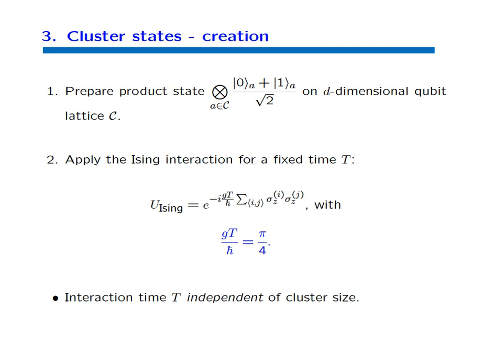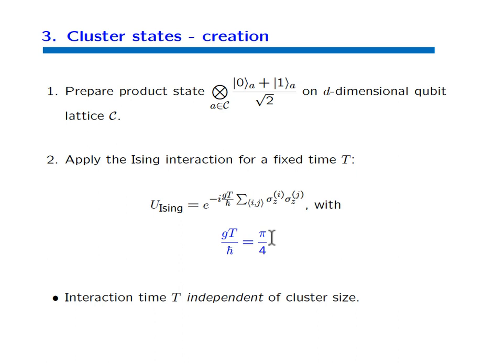Then you switch on the Ising interaction between all pairs of neighboring qubits for a fixed amount of time t. And that amount of time t is given here by this little equation. It's not a terribly complicated equation. It has an h bar in it. It has the coupling strength of the Ising Hamiltonian in it, and then a bunch of numbers.